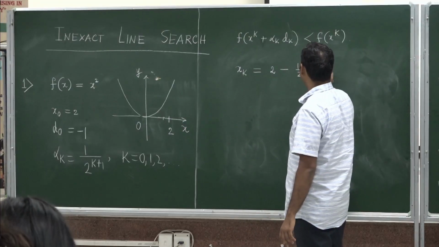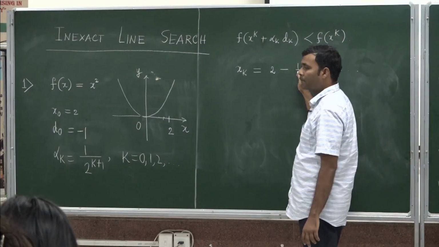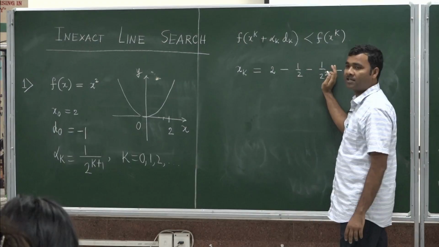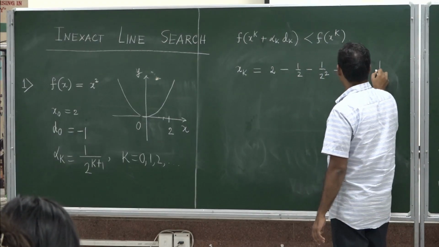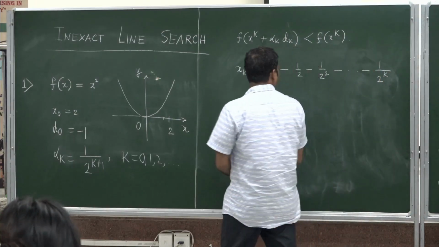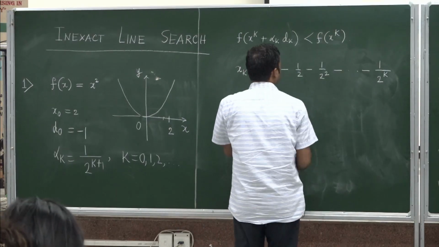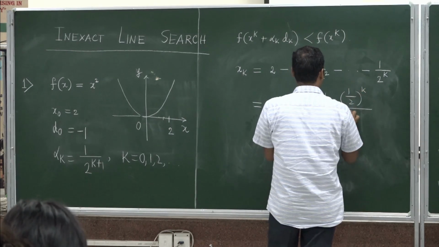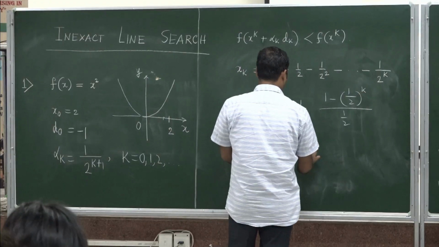So this is your x naught, then this part is your x1, then this part till this part is your x2, and then if you are considering the kth step, then xk will be 2 minus half times 1 minus half to the power k divided by half, and then you have simply 1 plus 1 by 2 to the power k.